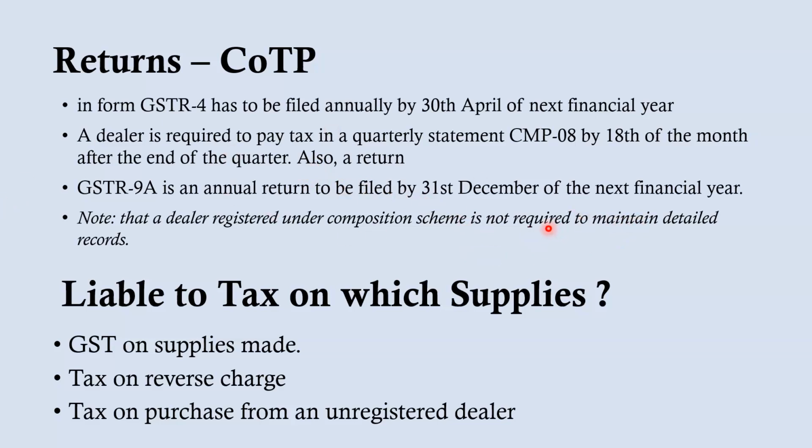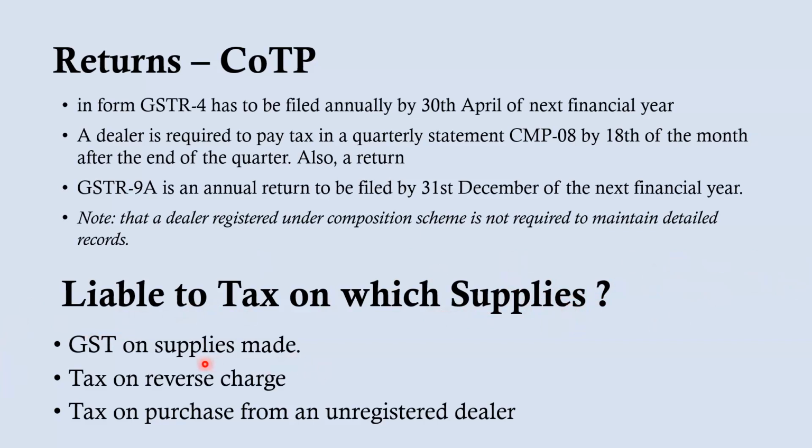Detailed records means basically all the details which are required for the normal taxable person, that is the regular taxpayer who is liable for the registration with the threshold limits which we have discussed. That is the 40 lakhs, 20 lakhs, or 10 lakhs, depending upon the cases of supplying goods and services, or both, or only services, or only goods.